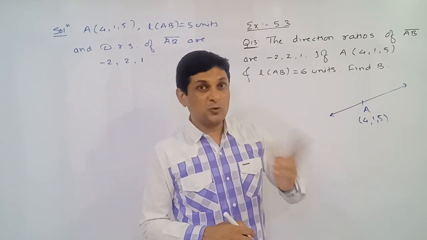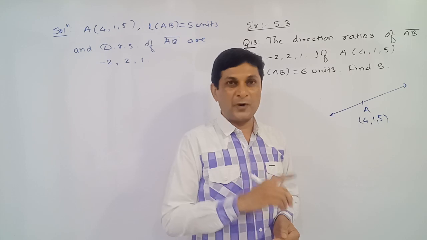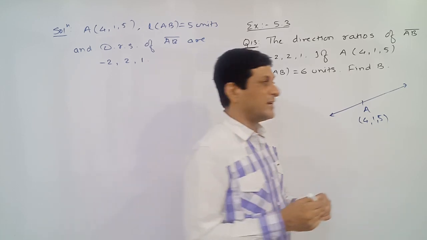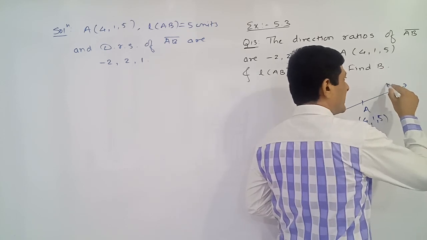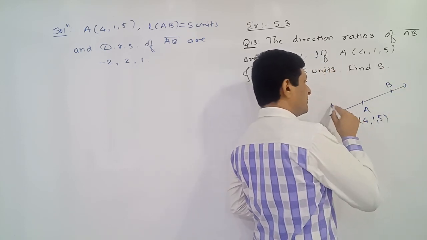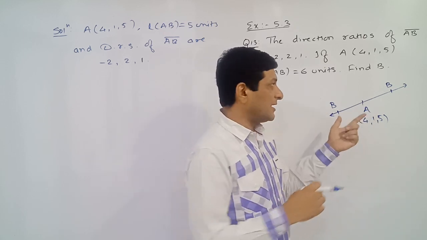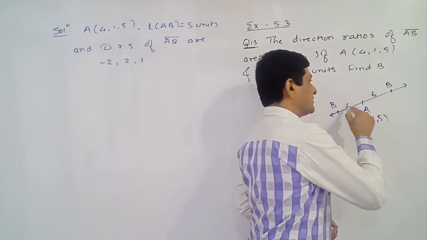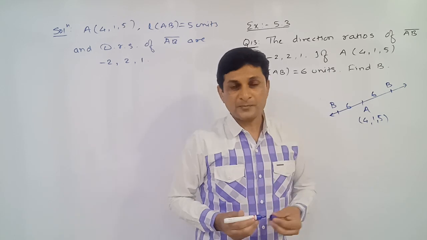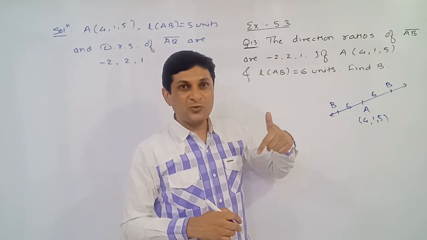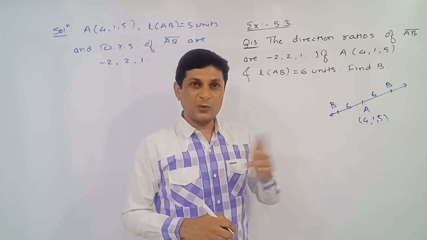Means we are getting 2 points on the same line which are at a distance of 6 units from point A. Maybe point B is on this side, or maybe on this side, but on the same line and at a distance of 6 units.